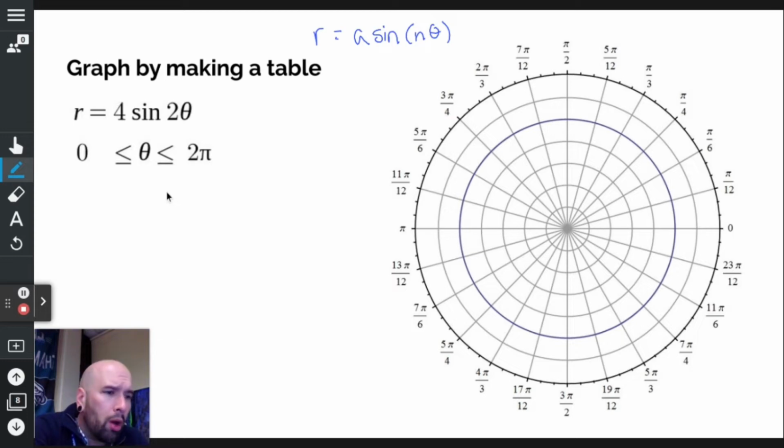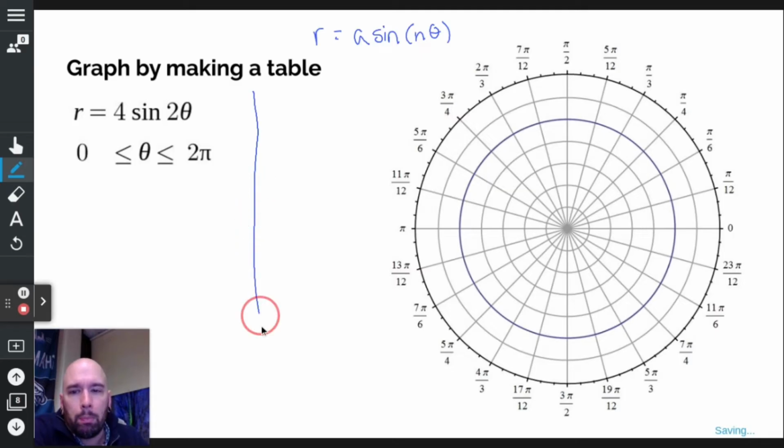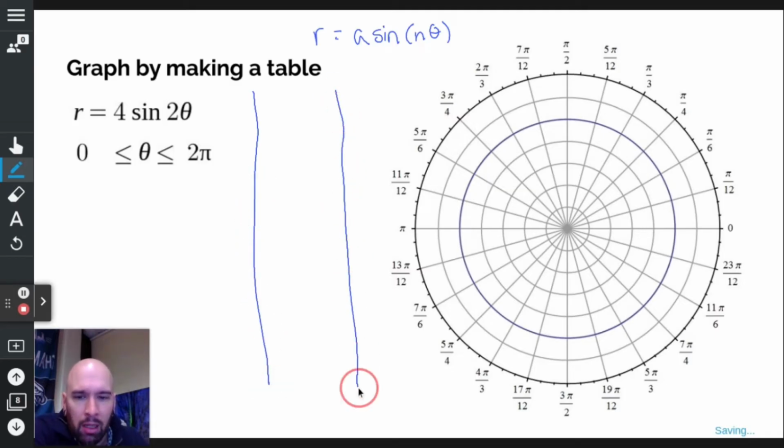I'm going to make a table. It's going to look like this. Hopefully I give myself enough space. I'm graphing all the way from 0 to 2 pi for theta.